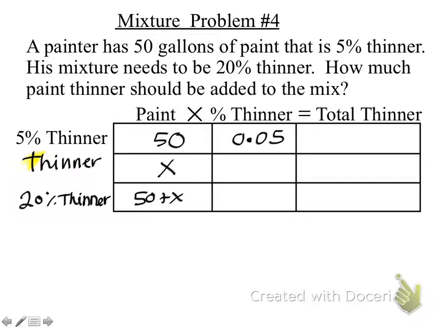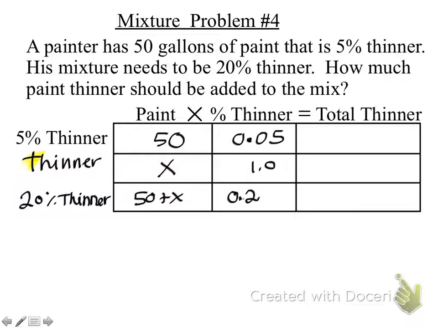Okay, and what do we want the end percent to be? 20%, which is 2/10. Now, thinner, here's the trick. What percent is the thinner? 100%, which is 1.0, right?